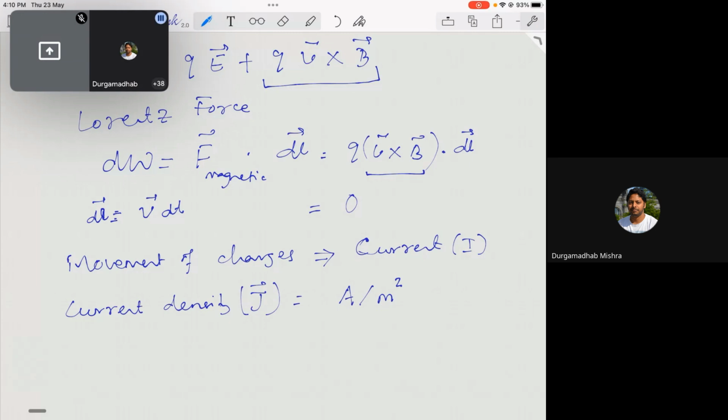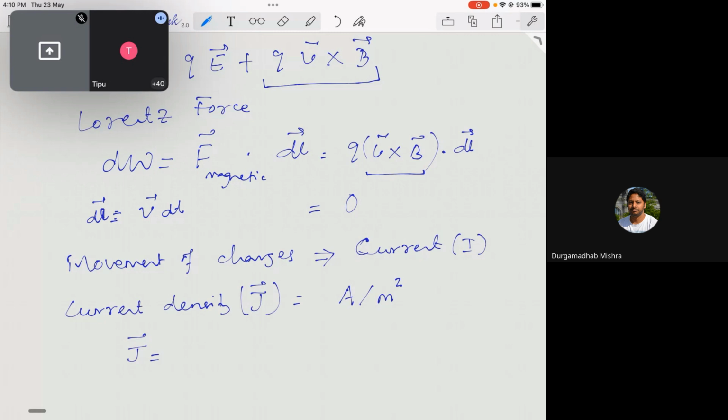And this current density, as we said, depends on the velocity of the charge, because it is proportional to the current, and the current is nothing but how much current is flowing along the cross-section.